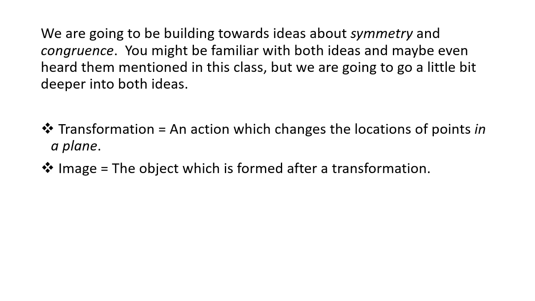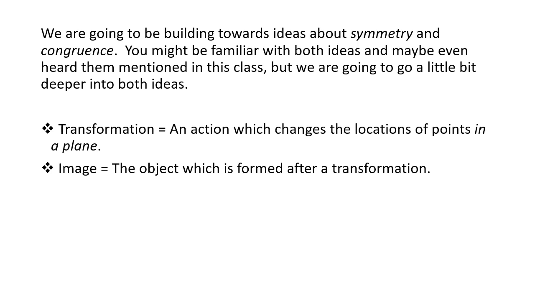In this section, we're going to be looking at a lot of what are called transformations. And so what we mean by transformation in terms of geometry is we're going to take an object and we're going to do something with it. Now, that object is going to be some sort of shape. A lot of times, it'll be some sort of polygon just because it'll make things a little bit easier to see what's going on.